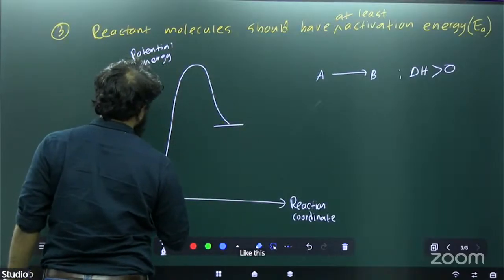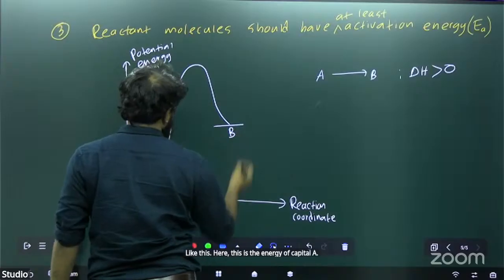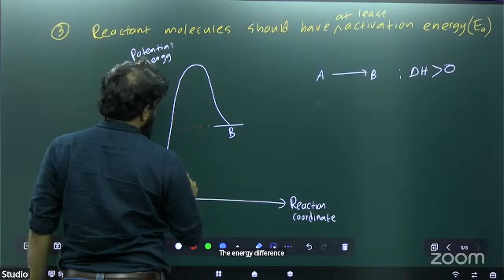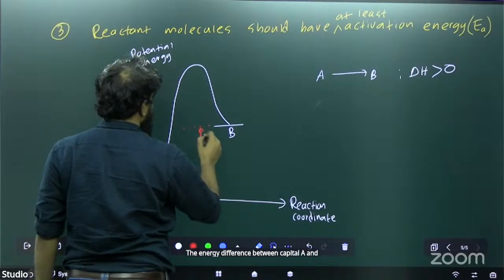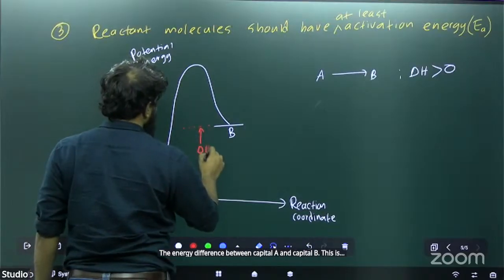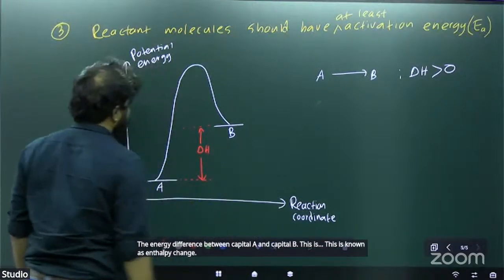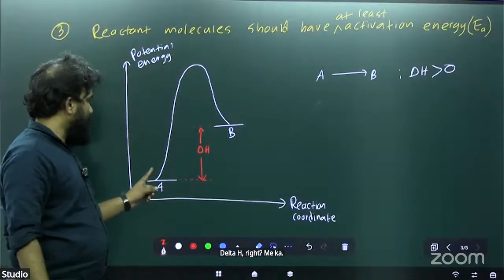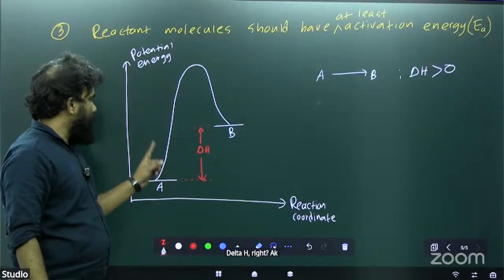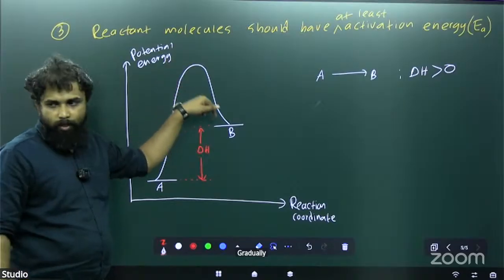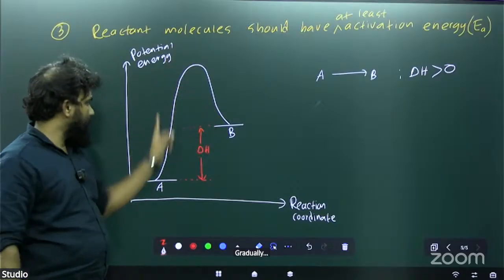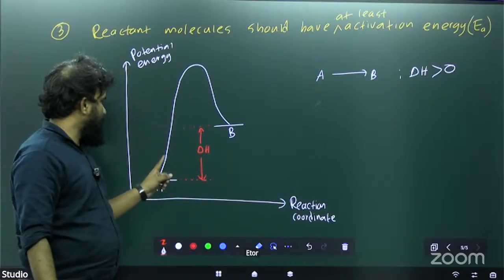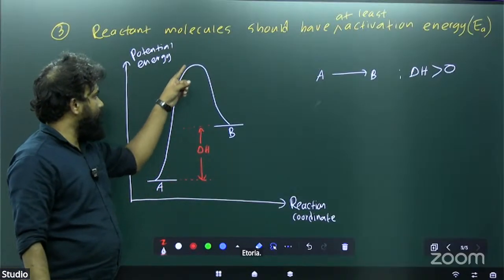Here this is the energy of capital A, this is the energy of capital B. The energy difference between capital A and capital B is known as the enthalpy change, delta H. This curve shows that A changes gradually and converts to B. There are structures formed in between, which we will draw later. The structural energy variation in between is like this.